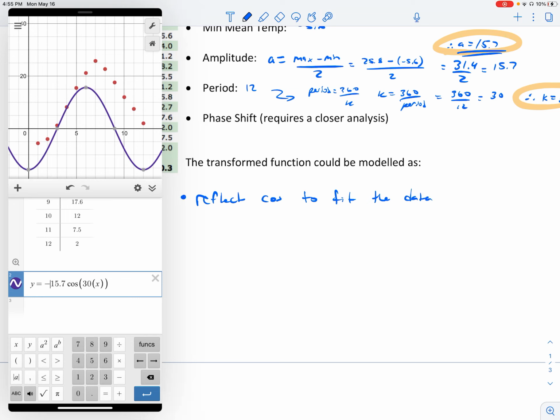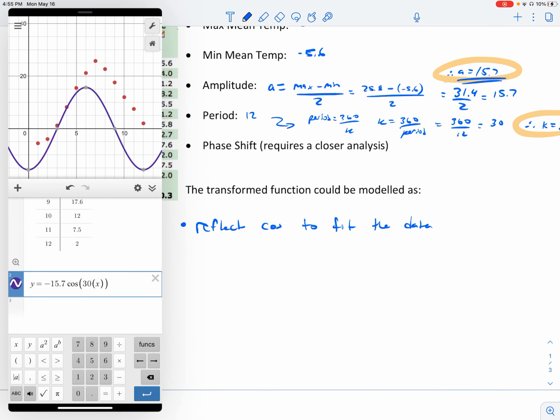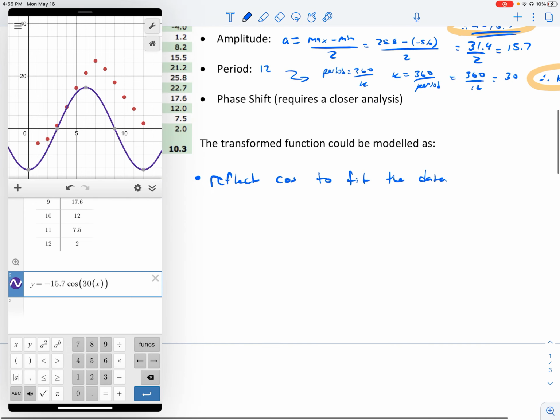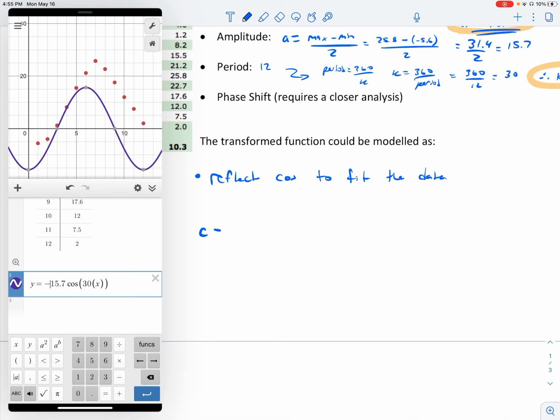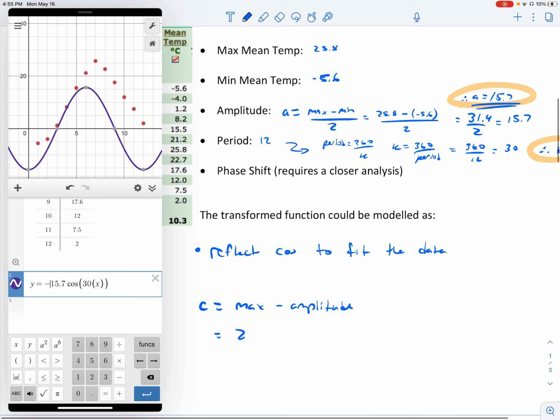Okay. And the next thing we need to do is probably change our center line, right? So where would our center line occur? Well, we know that the center line is equal to the maximum value minus the amplitude. So our max is 25.8 and the amplitude is just 15.7.